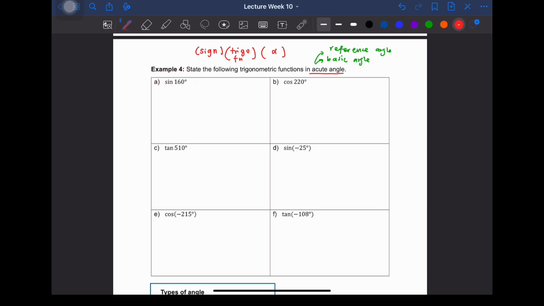Okay, first what we do is we sketch. So kita nak tahu angle kita ni duduk dekat mana. So sketch the quadrant that we have. So 160 degree means that kat sini kan kosong, sini adalah 90, sini 180. So maksudnya 160 duduk dekat sini. So 180 degree will be located over here, and 160 degree will be located over here.